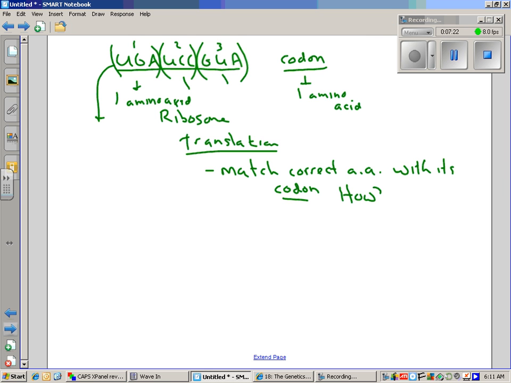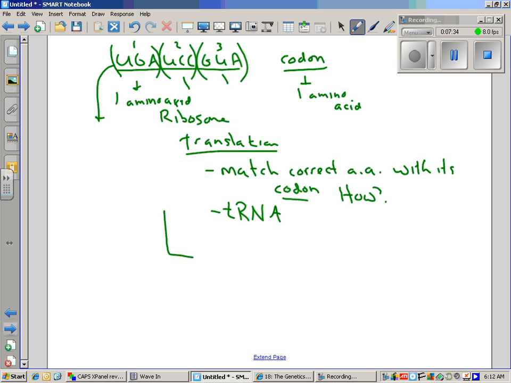How? Well, there's a molecule called tRNA. tRNA has a structure. I'm just going to draw it like an L. It doesn't matter. At the end of the L, there are 3 bases called the anticodon.